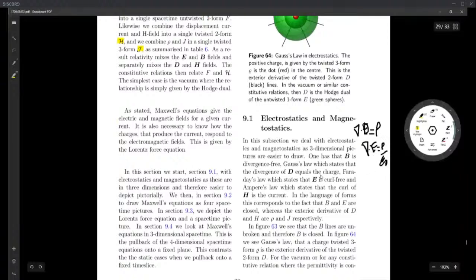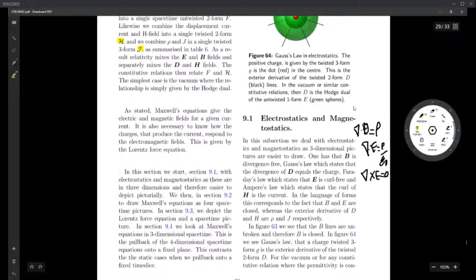And there are a few more laws. So you have the curl of E is 0, which means it's curl free. What does it mean for something to be curl free? Well, there's a special word for this. It's called solenoidal. And actually, I think this should be B. It shouldn't be E. There's a mistake in the paper. So B is actually curl free.